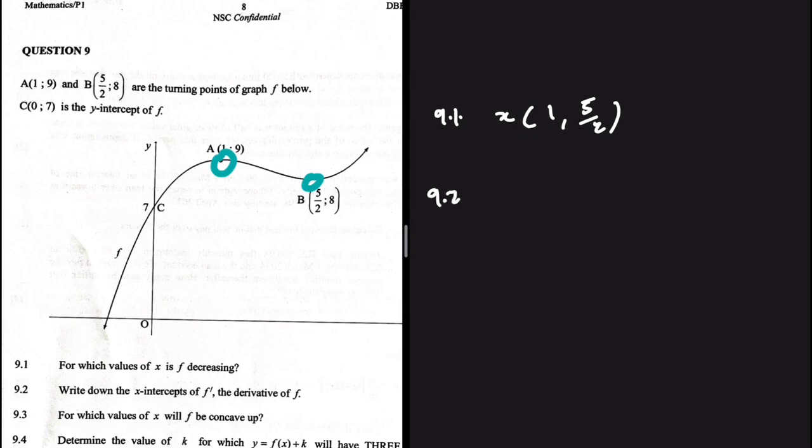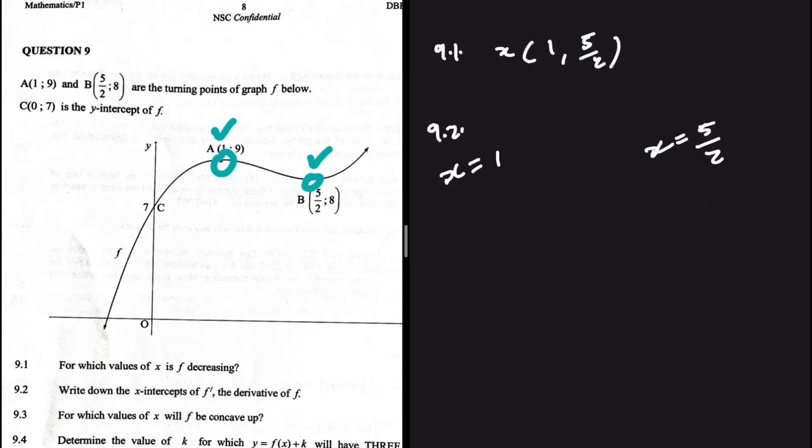What about 9.2? Write down the x-intercepts of f prime, the derivative of f. So the x-intercept, right, is at the turning point. So when x is equal to 1, we have an x-intercept. And when x is equal to 5/2, we have an x-intercept.